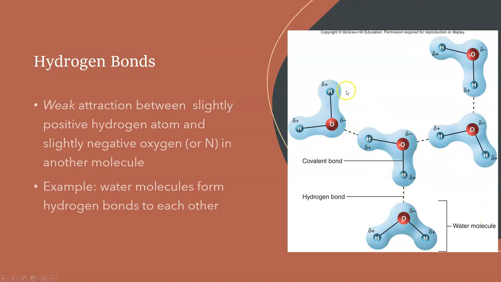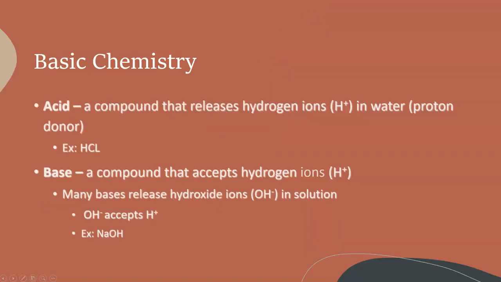It's really important for life. It is why water sticks to itself, right? If you pour water out on a table, it forms a puddle and not just a bunch of water molecules all over the place. That comes together because of these hydrogen bonds. It sticks these molecules together. It's why your blood can pump through your veins. It's really, really important for life. And so that's a hydrogen bond.